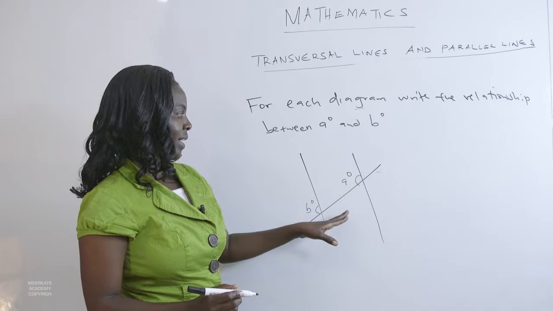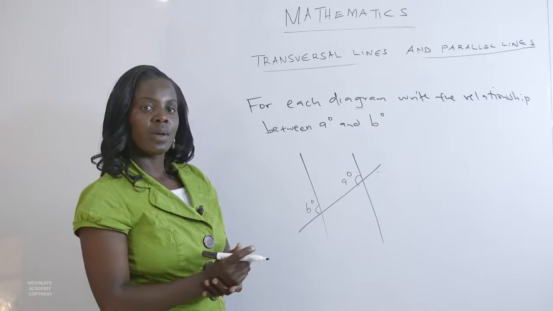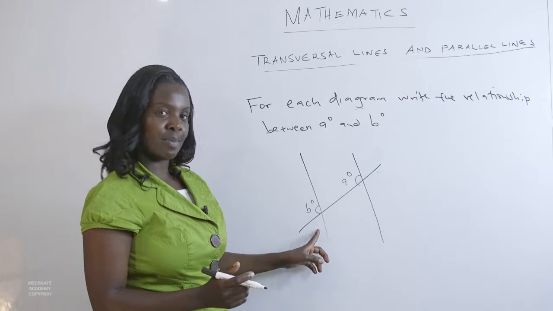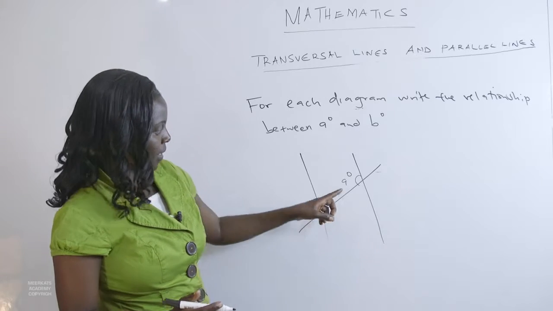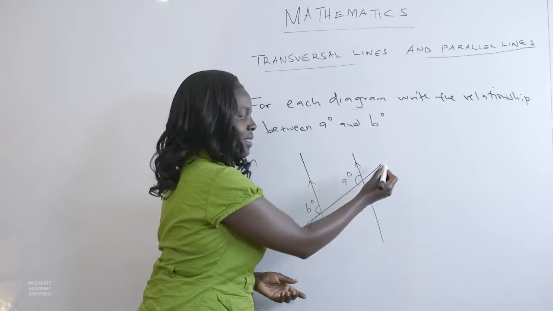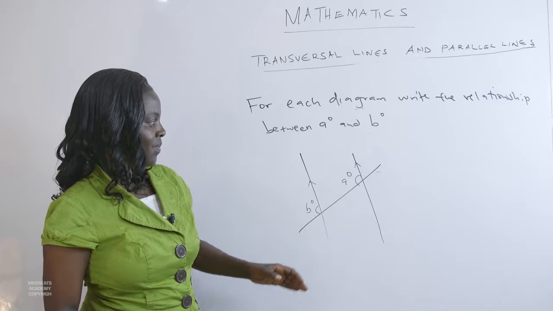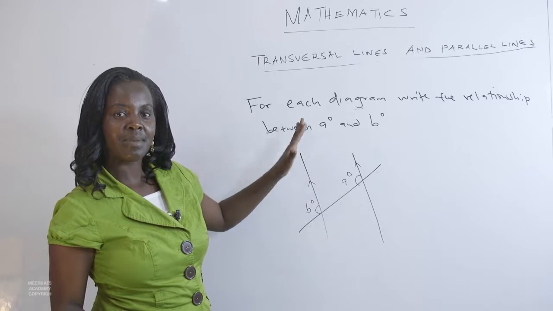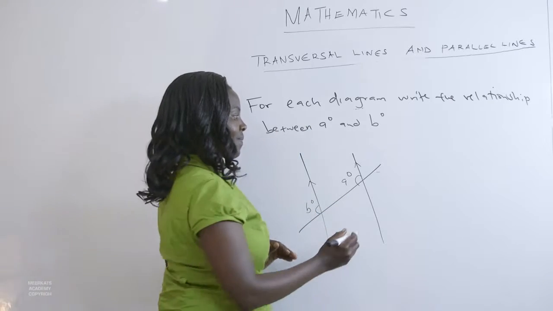So let's look at A and B again. What is the relationship between A and B? These are two parallel lines. This is our transversal. A and B are on the same side of the transversal.